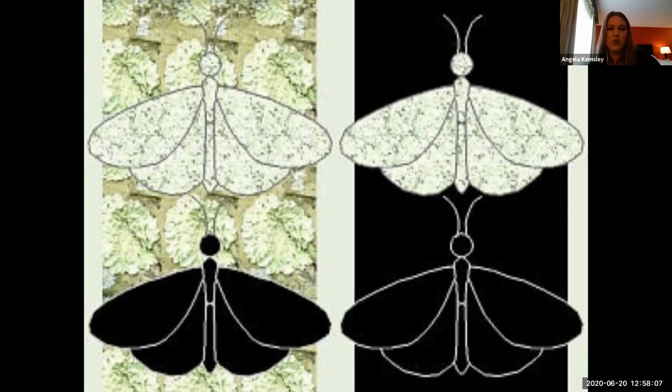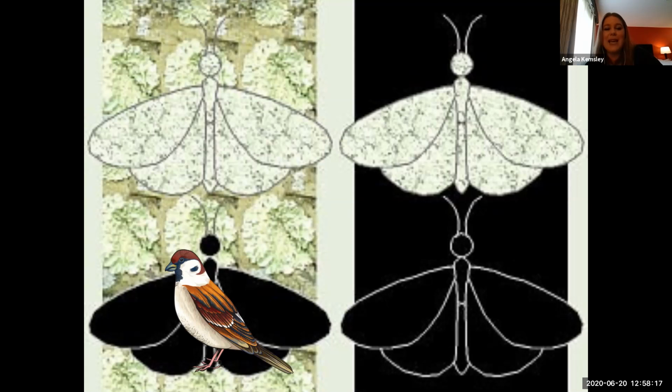So think, if you were a bird, which one of these moths would you eat? Well, the answer is you would typically eat the dark ones because they're easier to spot, right? These light colored ones blend in, they camouflage with the light bark on the trees. And so we would find many, many more of the light colored moths compared to the dark colored moth, just because the dark ones stood out more and the birds would eat them.